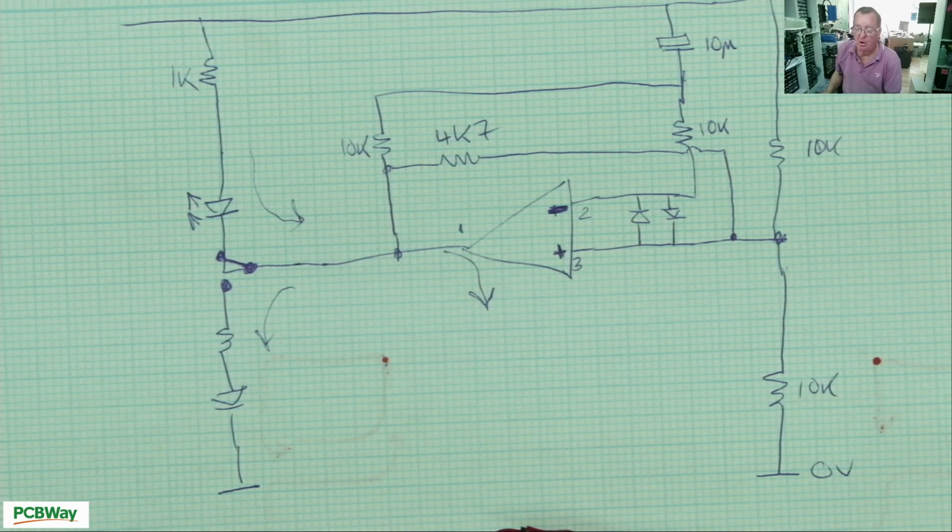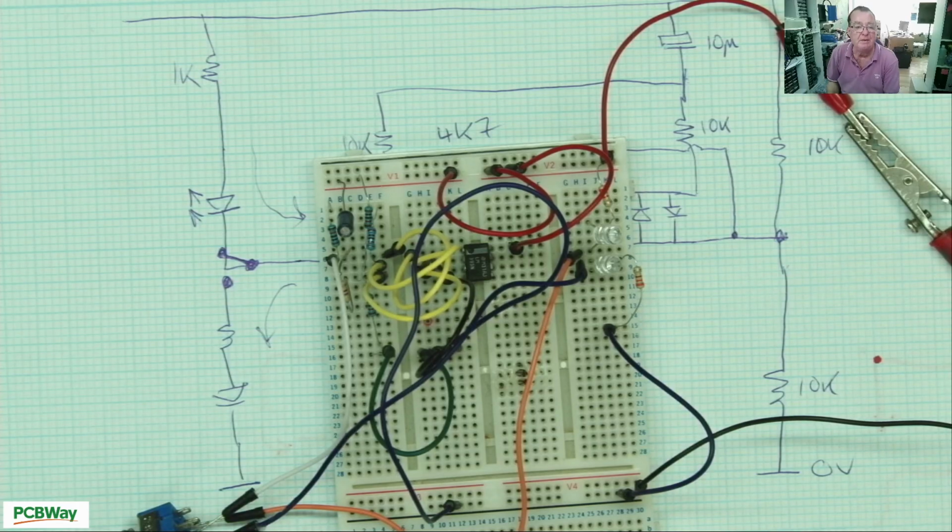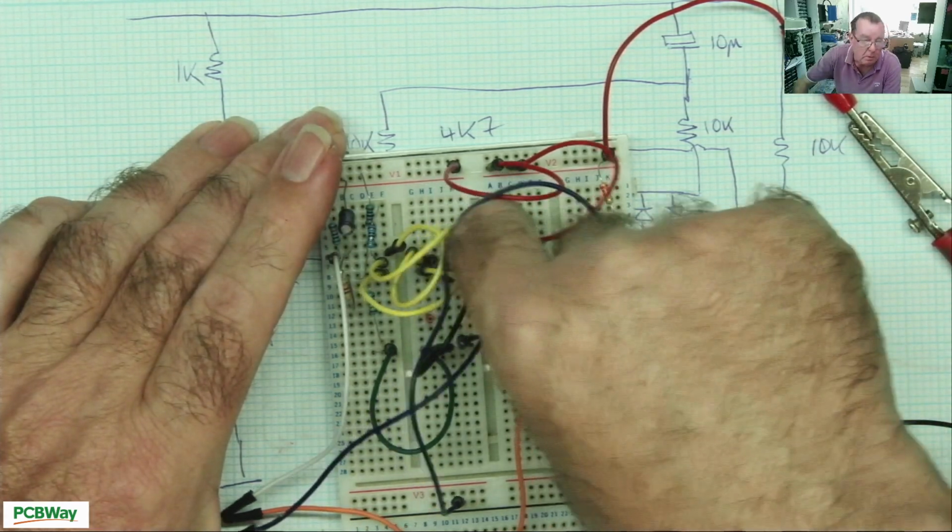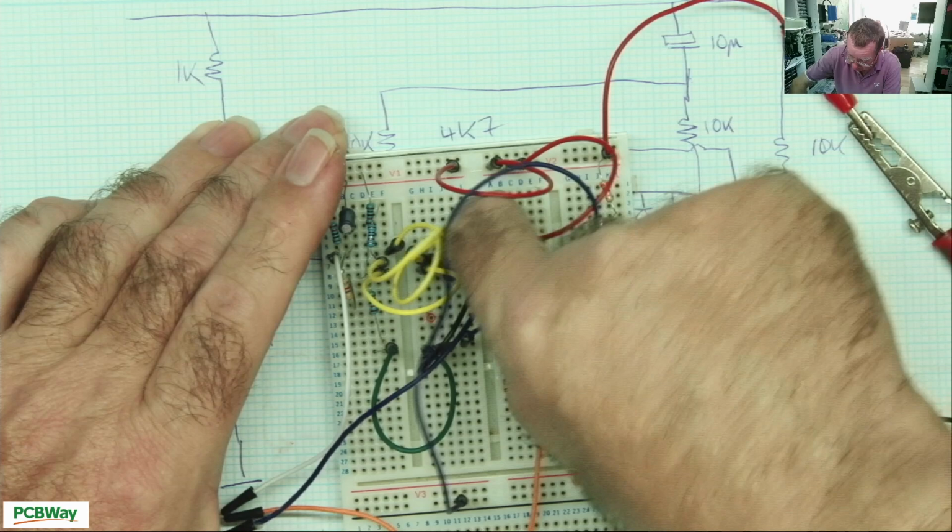Let's put an op amp into our comparator tester. So with an op amp, the output can actually source or sink current on most of them, at least the ones I know of, okay?